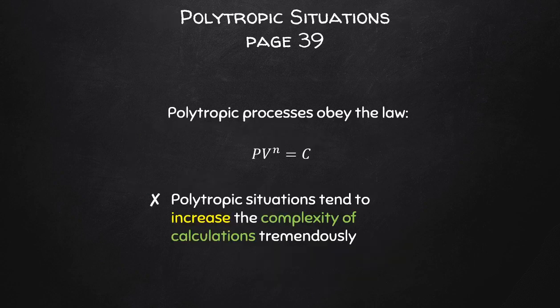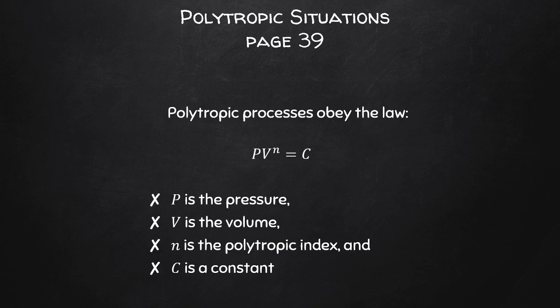Now, most situations tend to be polytropic in nature, and this increases the complexity of the calculations which we will need to do. A polytropic process is characterized by the relationship P times V to the power of n is equal to a constant.